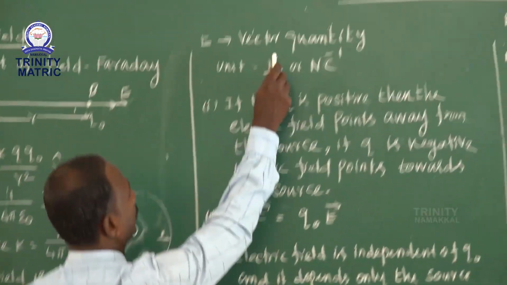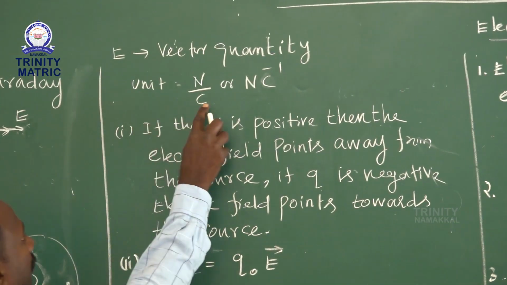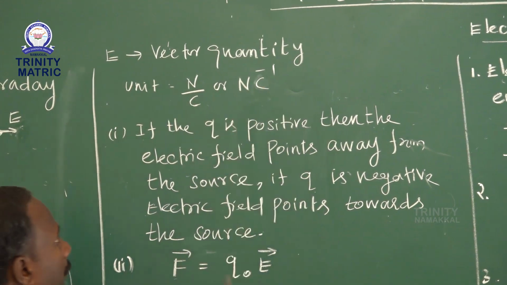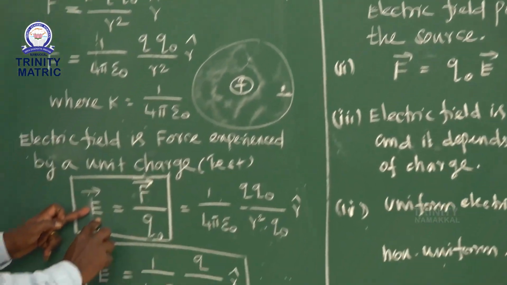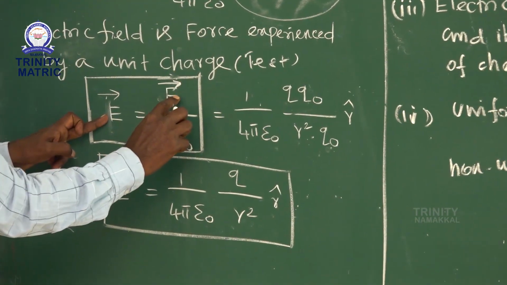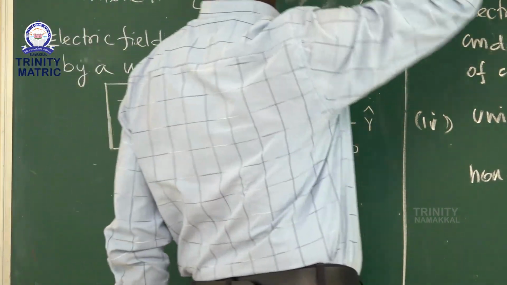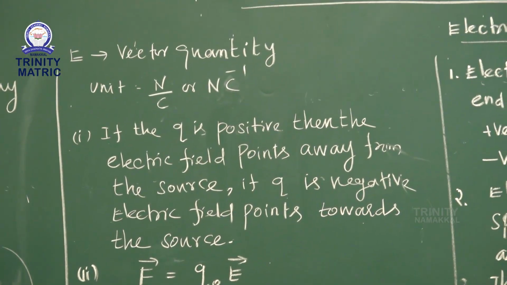Now the electric field is a vector quantity. The unit of electric field is Newton per Coulomb or Newton Coulomb minus 1. This unit comes from the electric field formula: the unit of force is Newton, and of charge is Coulomb. So Newton per Coulomb or Newton Coulomb minus 1.